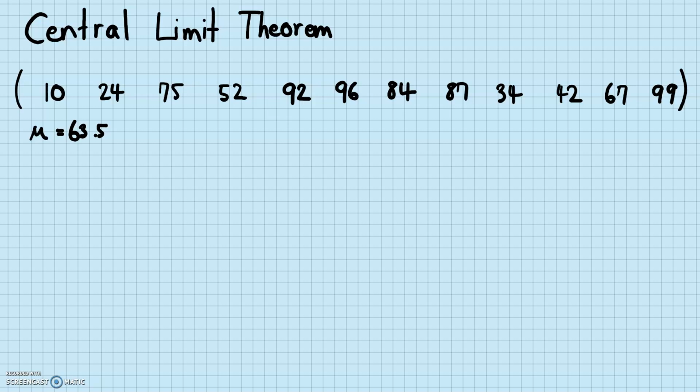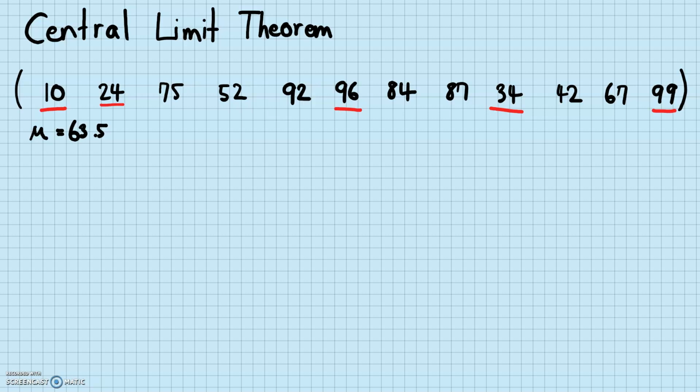And as you can see, some of these scores are very far apart from the mean, and that is not unusual. Such as 10 is very far away from the mean. 24 is also pretty far away, 34 is also pretty far away, and 99, 96. These scores are far away from the mean.